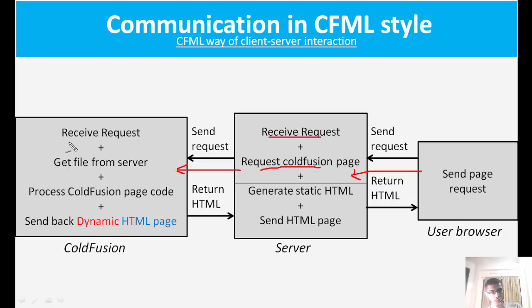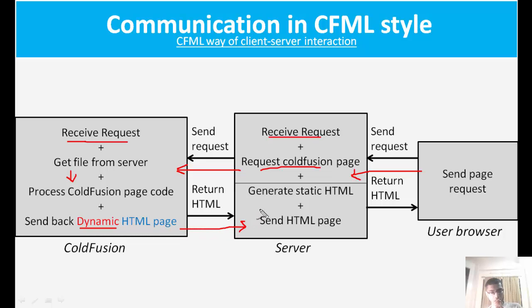The ColdFusion server receives the request and matches that request with its own files. If it finds the file, it then processes all the ColdFusion code. It then generates the dynamic HTML page and sends it back to the server.